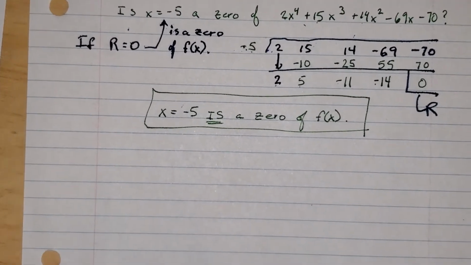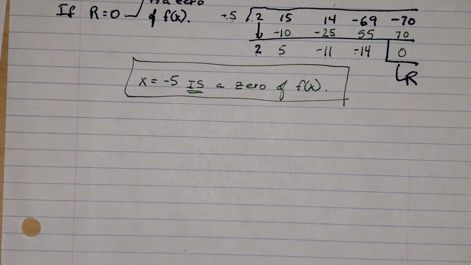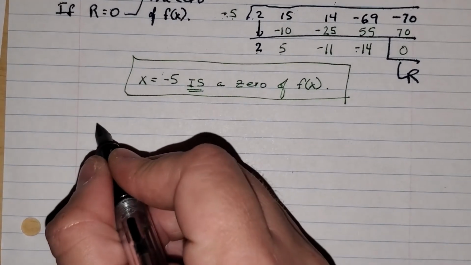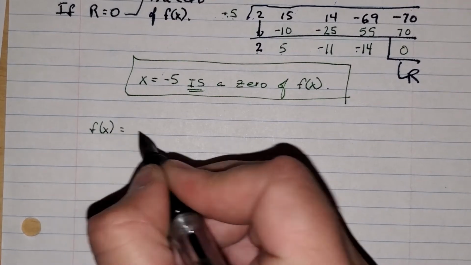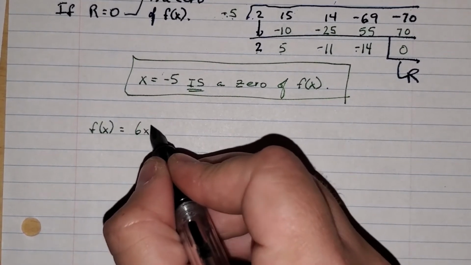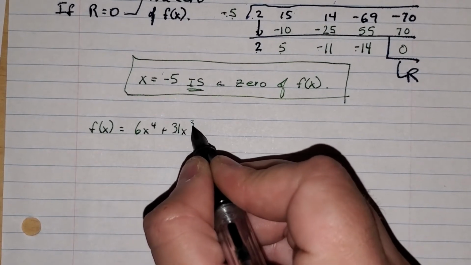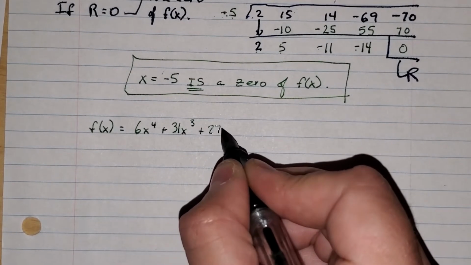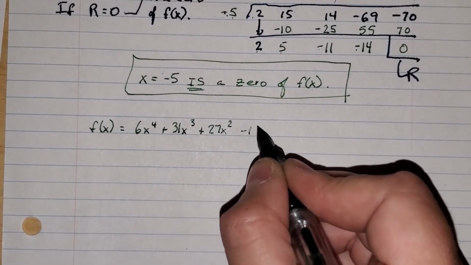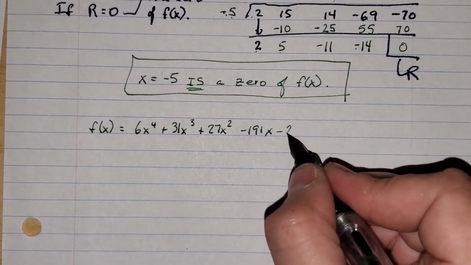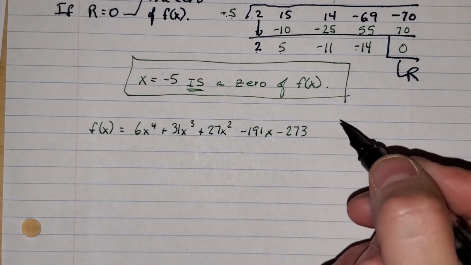Let me give you a second one. Very, very similar. It's going to use a different theorem, and I'm going to talk about that theorem. They give us some function: f of x is equal to 6x to the 4th plus 31x cubed plus 27x squared minus 191x minus 273.